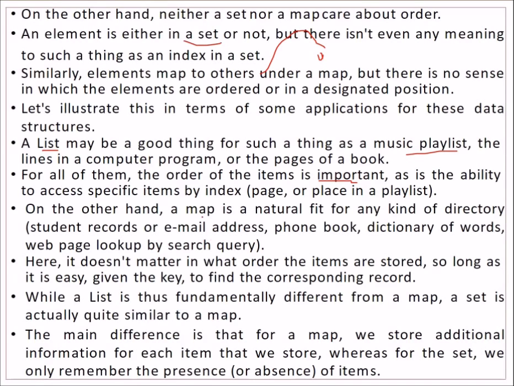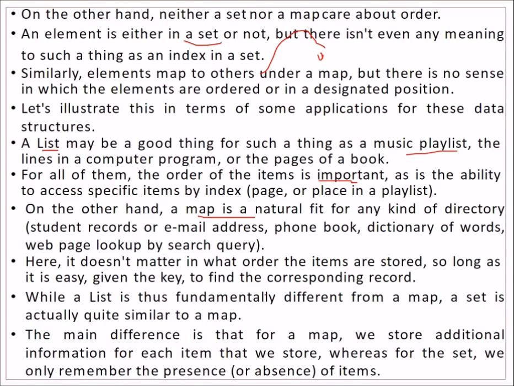While a map, what can it be? It is a natural fit for any kind of directory. For example, student records, email addresses, phone books, a dictionary of words, web page lookup by search query. It doesn't matter in what order the items are stored, as long as it is easy, given the key, to find the corresponding record.